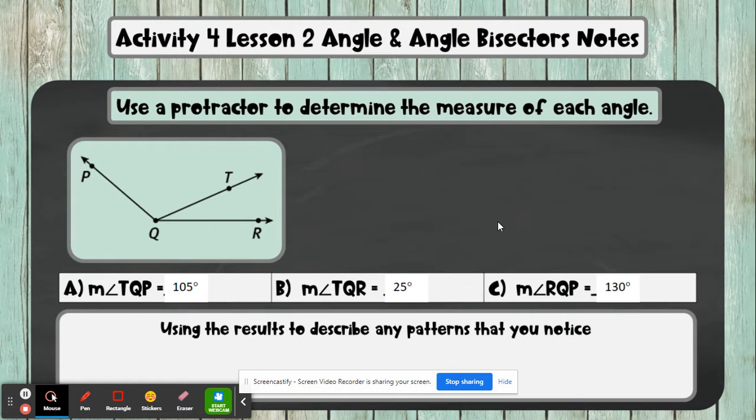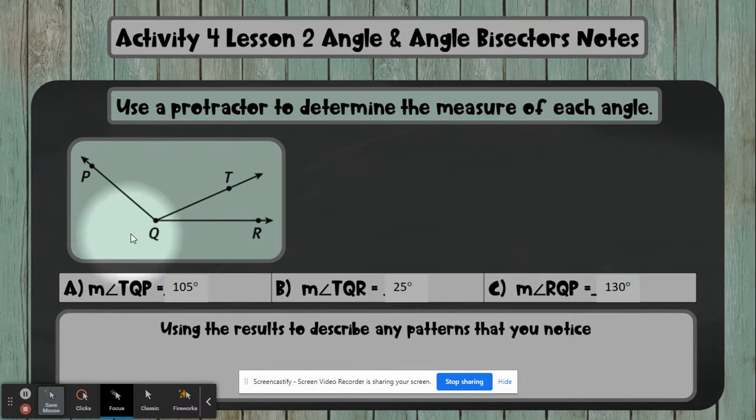So we're not really using a protractor, but we've already got this in here. So follow along with me, and I'll try to focus a little bit in here and see if this will help. So TQP is 105 degrees, it says right there.